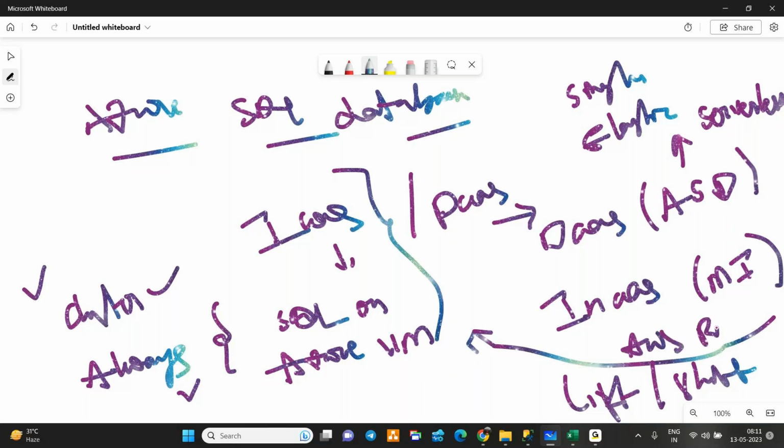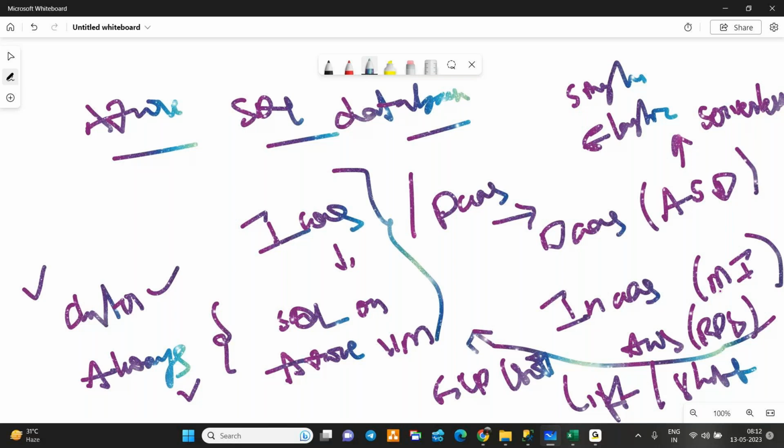How you deploy in AWS RDS, or in Google Cloud SQL service, the same way in Azure you will deploy by using MI. That means almost a lift and shift mechanism. That is one thing.